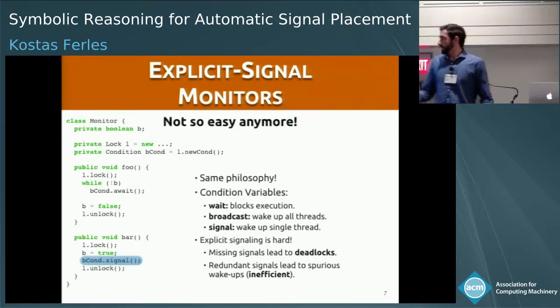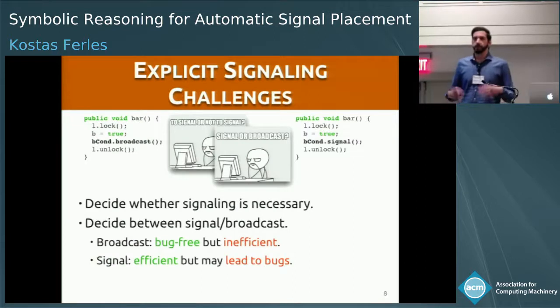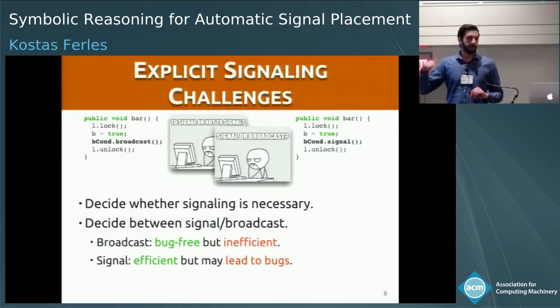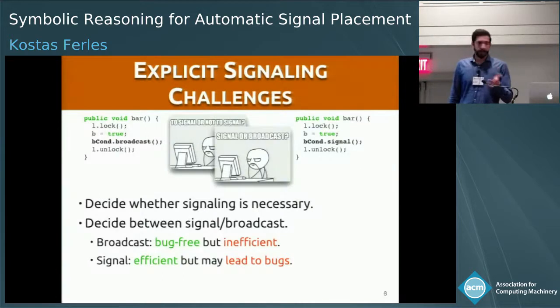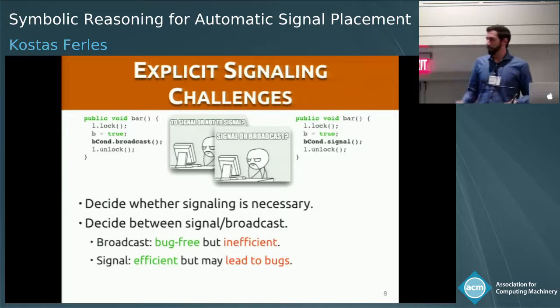To be more concrete, programmers tend to be overwhelmed with decisions whenever they try to write an explicit signal monitor. First of all, they have to decide whether a signaling operation is indeed necessary for every operation within the monitor. And if such a signaling operation is necessary, they have to decide between a signal operation and a broadcast operation.